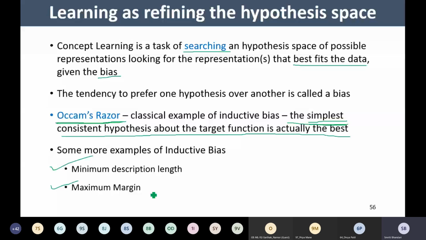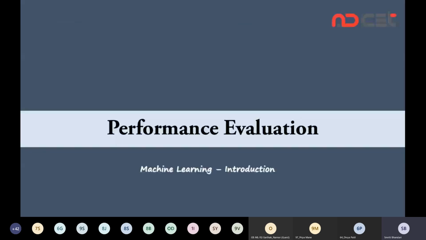Now we are going to discuss the concept of performance evaluation. What do we mean by performance evaluation?